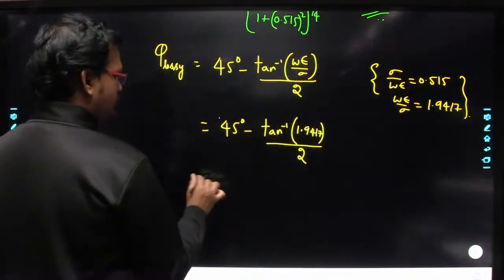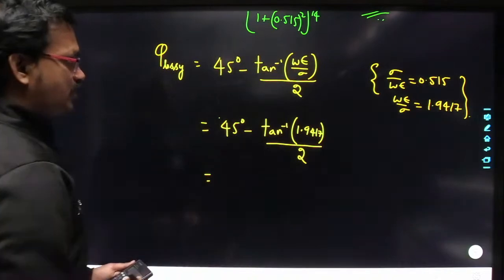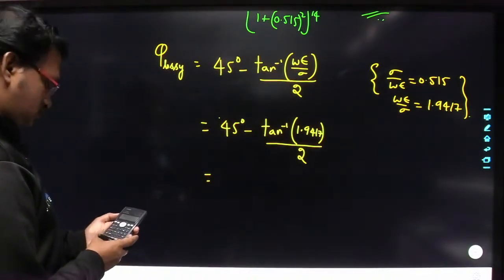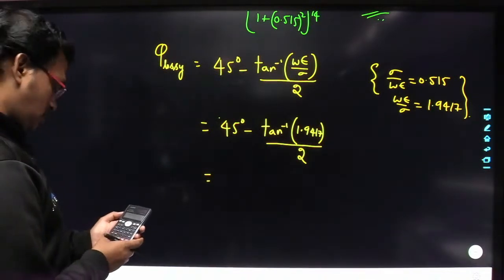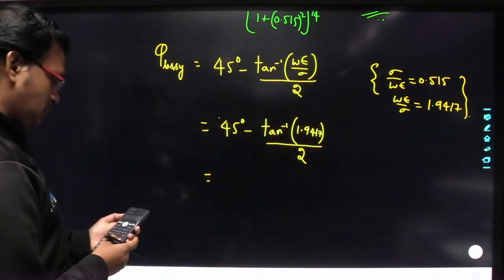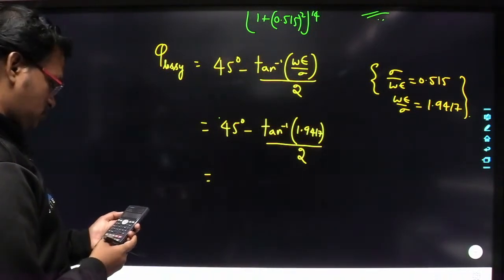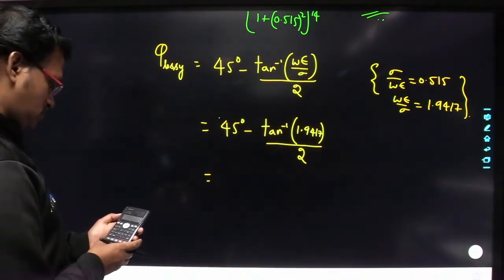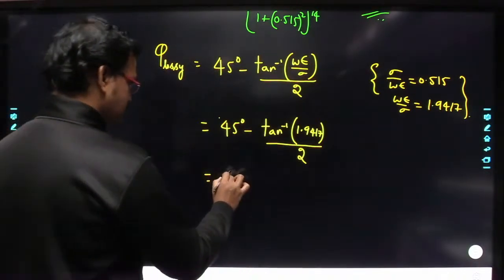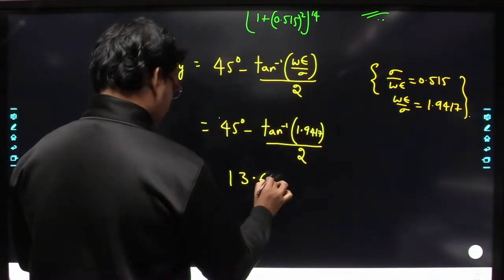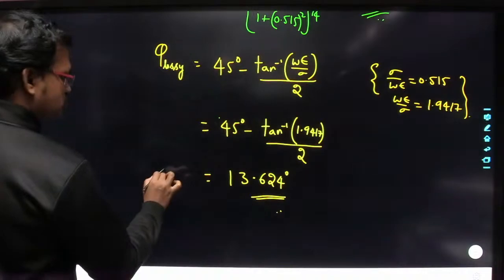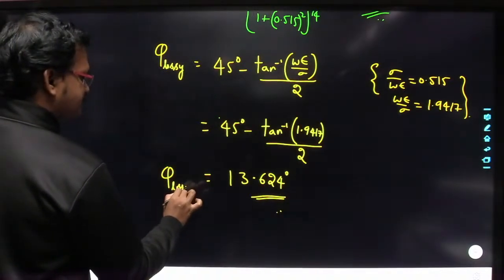If you calculate tan inverse of 1.9417 divided by 2, and then 45 minus the answer, you will get 13.62 degrees, 13.624 degrees. So this is phi lossy.